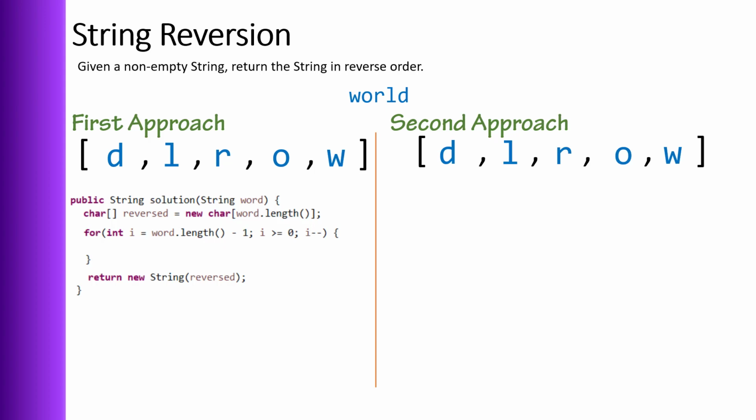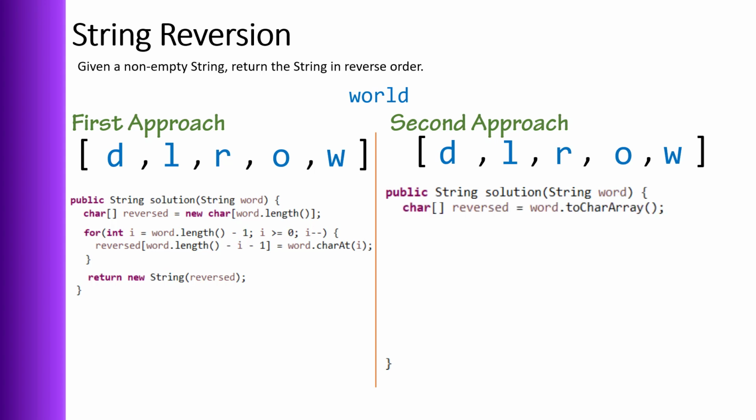Okay, and then we will be assigning the value of the cursor that we are holding in the word.length minus i minus 1. And then we'll assign the value word.charAt(i). For the second approach, we would have the same method as well.